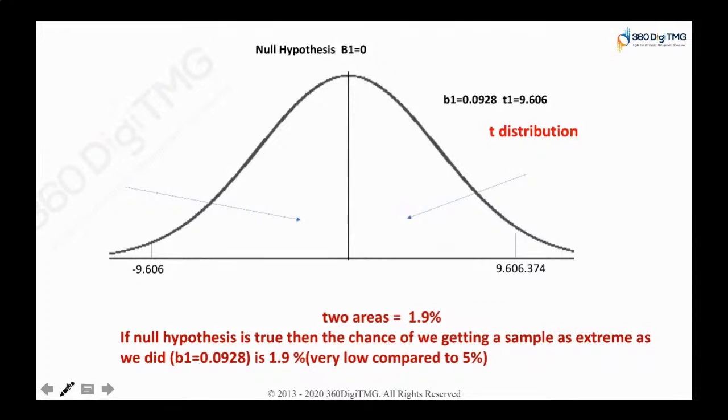So what is the threshold point here? The threshold is a 5% chance that you can go wrong. So 1.9% is less than 5%.